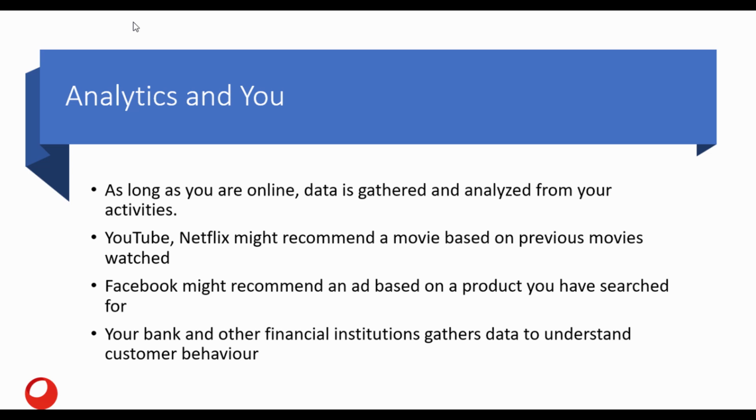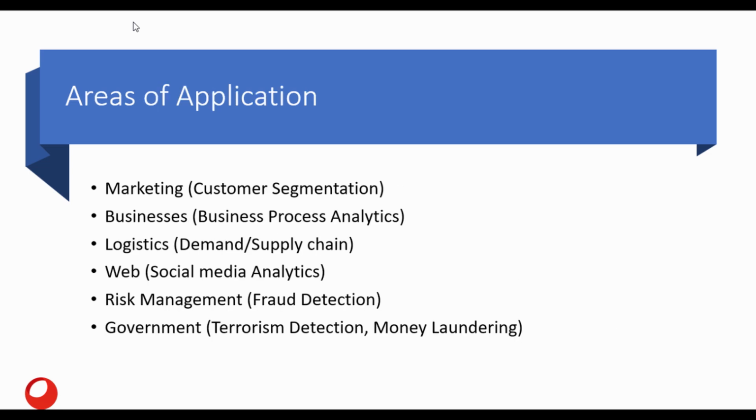Now, basically as a person, like I mentioned earlier, what you do online is gathered and analyzed, and companies can use machine learning algorithms to recommend maybe products. You've searched for a product, a catalog, or what kind of magazines you might be interested in, or even what kind of posts or videos you might be interested in based on the analytics they have on you.